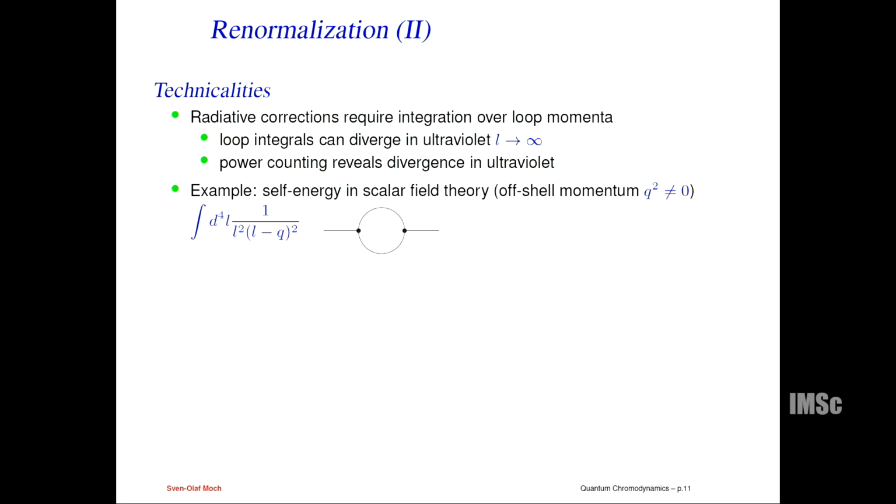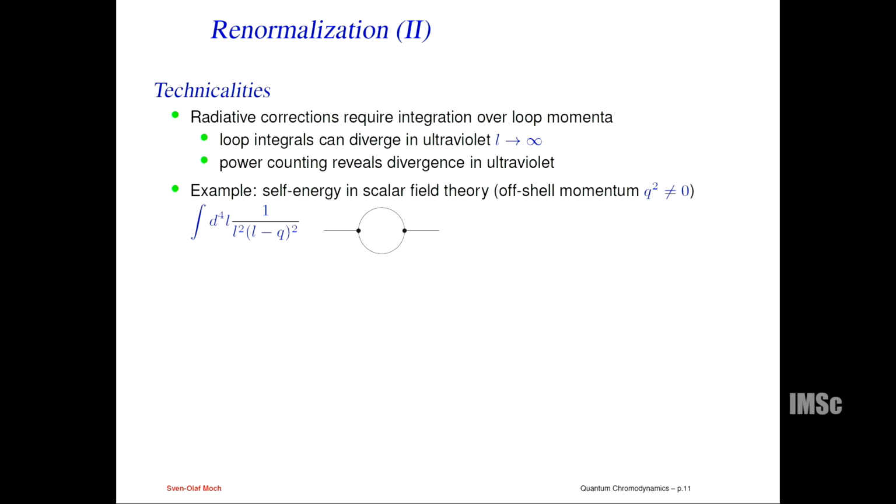And since we just have scalar propagators, say this scalar propagator here has momentum L, and this is L minus Q. And then since this is a virtual quantum effect, we need to integrate over all the loop momenta that can appear here. So we write down an expression like 1 over L squared times L minus Q squared, and then d^4L. Since we are in 4 space-time dimensions, we need to integrate. And then this is giving us the contribution to the quantum corrections of a scalar quantum fluctuation.